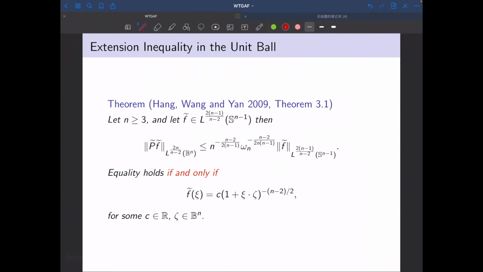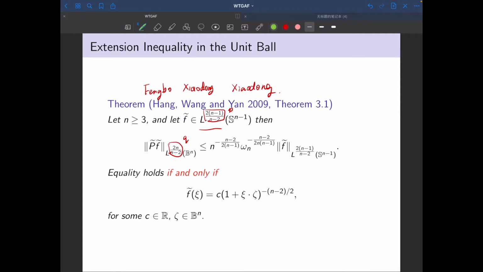In the year 2009, Han, Wang, and Yan proved this result about the extension operator in the unit ball. In particular, Han is Fengbo Han, Wang is Xiaodong Wang, and Yan is Xiaodong Yan. They proved that for f tilde a function that is not necessarily continuous, but an L^p function for a particular p, after you do the extension, the extended function is going to be in L^q for a particular q.